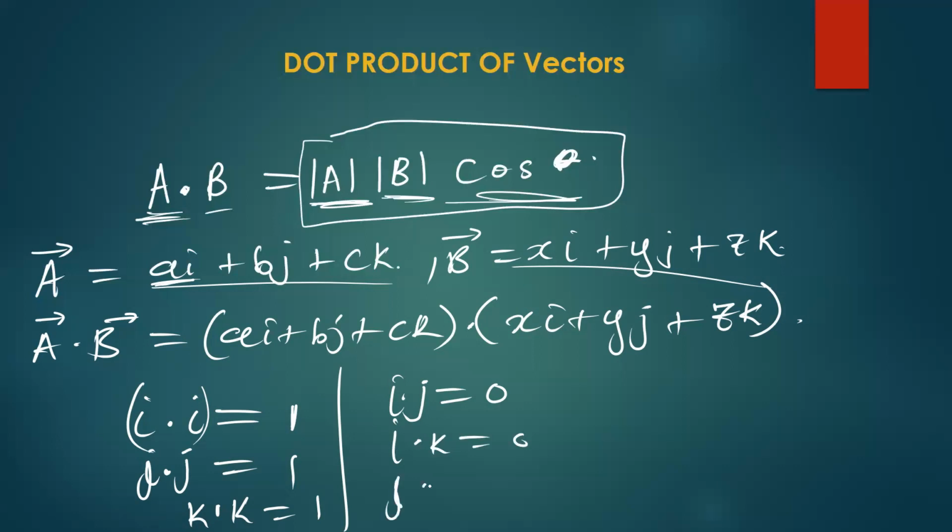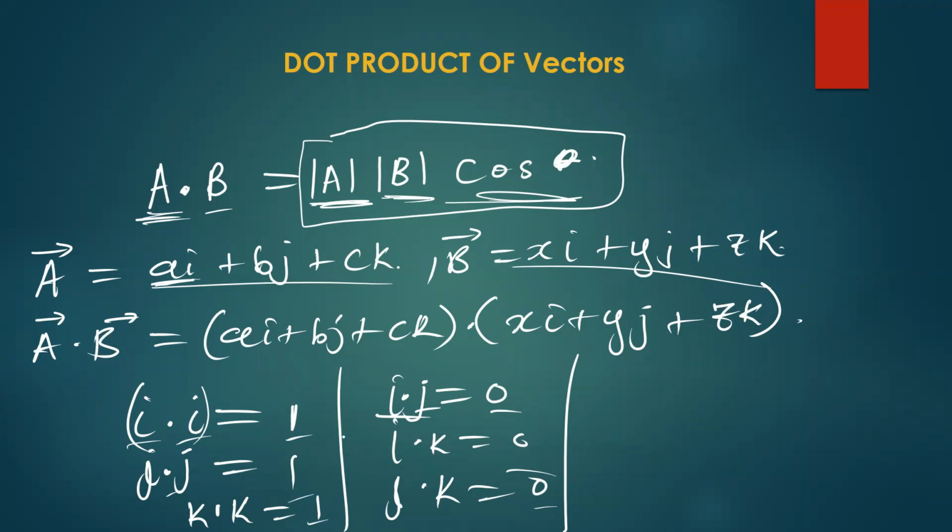J dot K is 0. All the other different groupings, when you group them into two pairs: whenever you have two different unit vectors multiplying themselves, you put a 0 there. When you have the same unit vectors multiplying themselves, you put ones there.